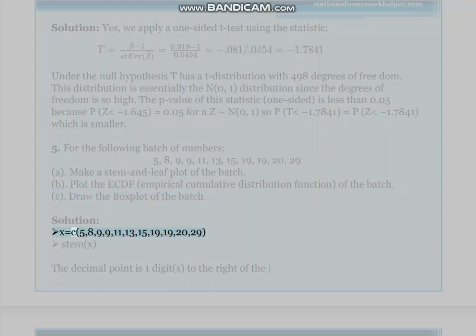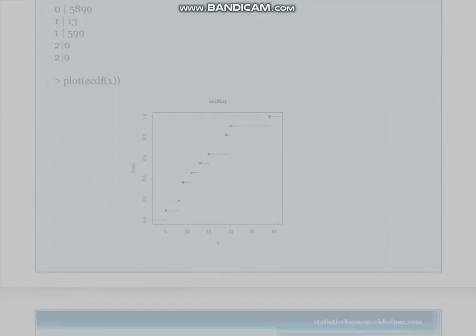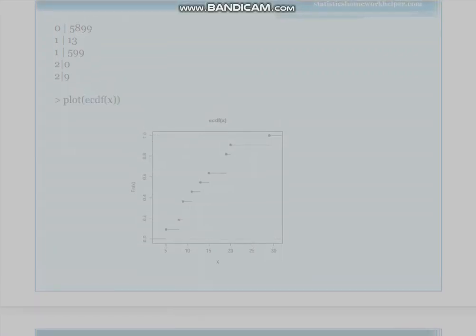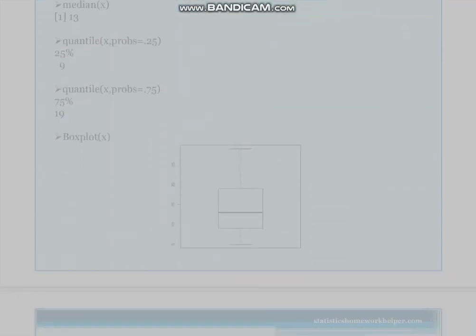Solution: x equals c(5, 8, 9, 9, 11, 13, 15, 19, 19, 20, 29). stem(x). The decimal point is 1 digit to the right of the |. 0 | 5899; 1 | 13; 1 | 599; 2 | 0; 2 | 9. plot(ecdf(x)). Median of x is 13.